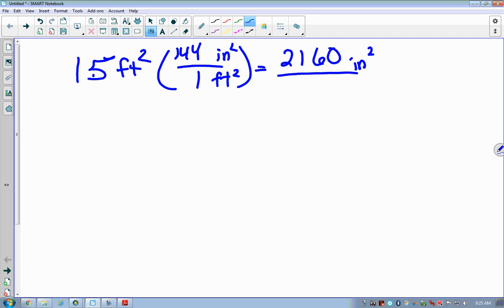So the area that we need to paint is 2,160 inches squared, right? We can paint at 135 square inches per hour, right? Okay, that is our rate. What are we going to do with 2,160 to find out how many hours it's going to take?